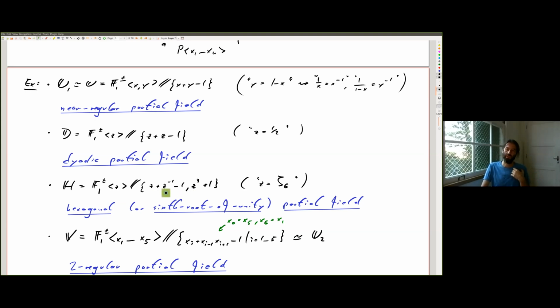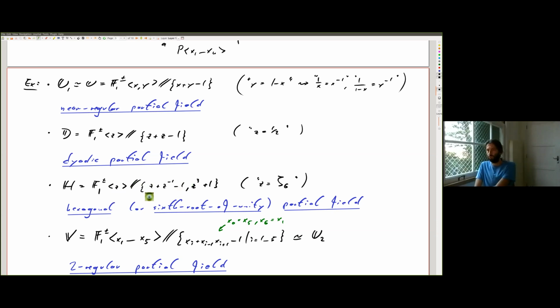And then you see very easily, in a field, these two relations are satisfied precisely by the primitive 6th roots of unity. I mean, a 6th root of unity plus its inverse is equal to 1. So this adds a relationship to what's usually called the 6th roots of unity partial field. And it's really the same.